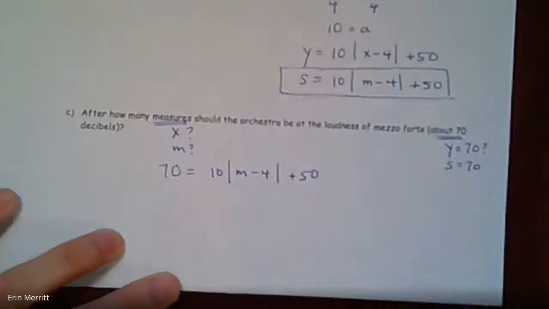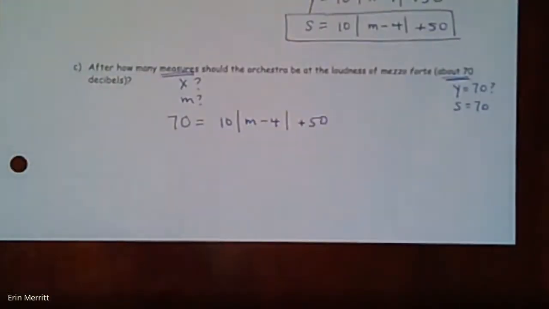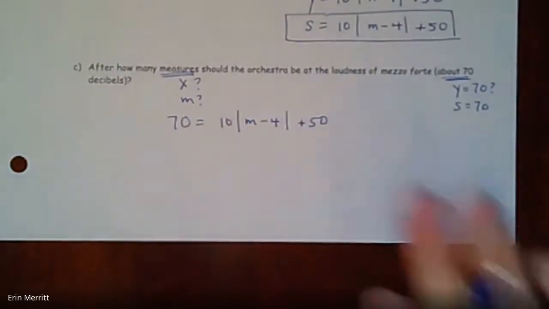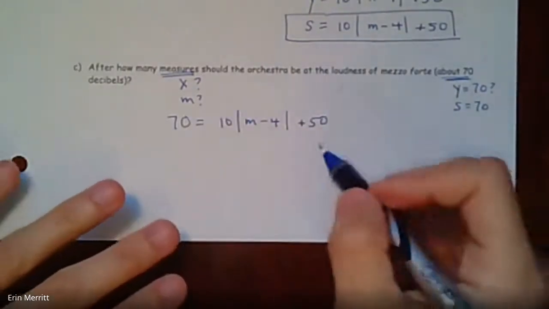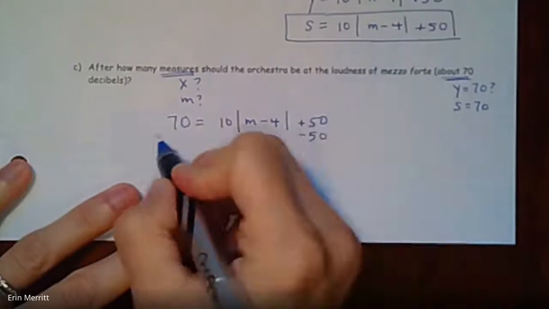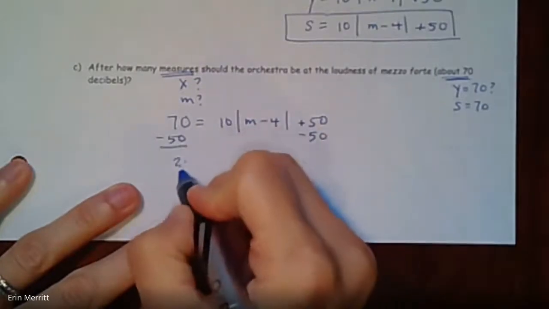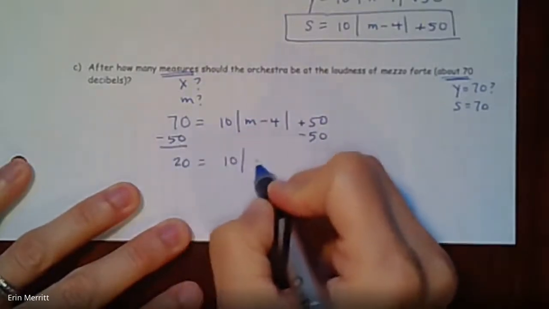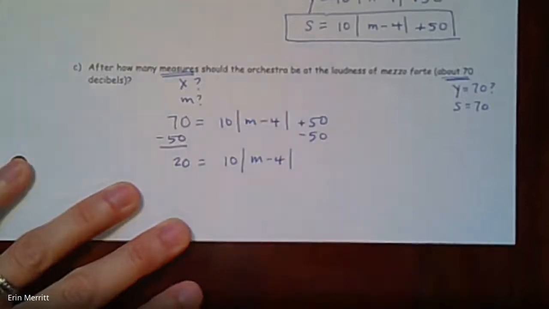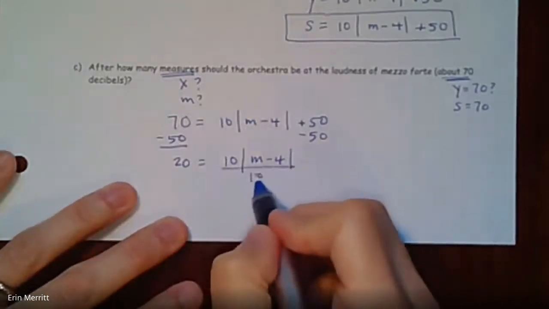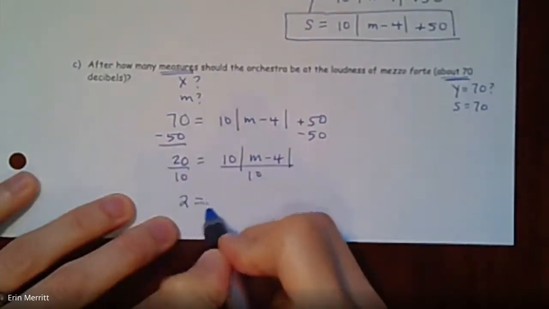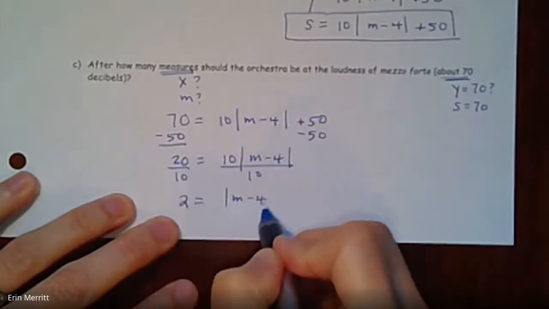Right? Solving absolute value equations was way back in the very first unit of the year. I say way back, but it wasn't that long ago. So we can get the absolute value alone. So this will give us 20. Because we can nicely get rid of that 10, let's do it. Divide the 10 out. We get 2 over here, and then the absolute value of m minus 4.